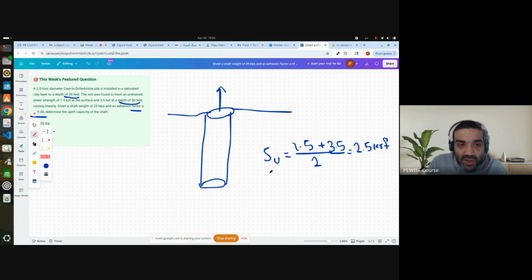The question gives you alpha, so it's easy to get the F sub S, which is alpha times S sub U, which is 2.5.